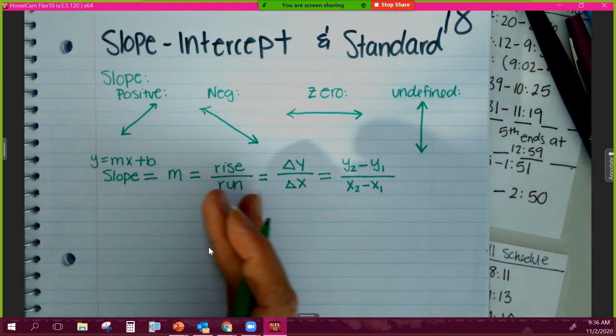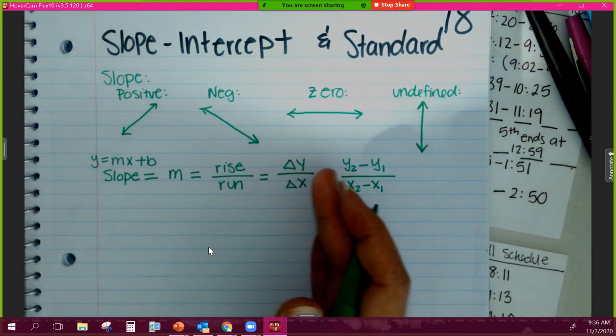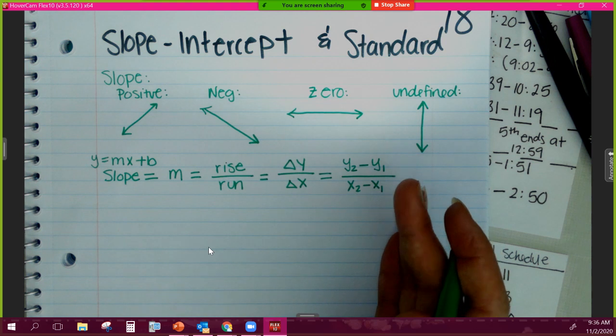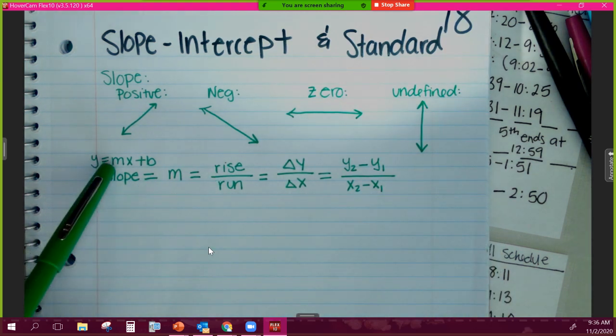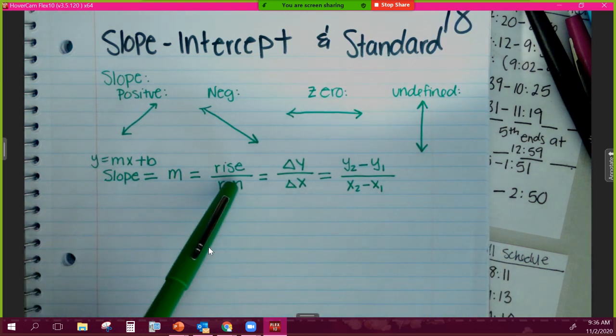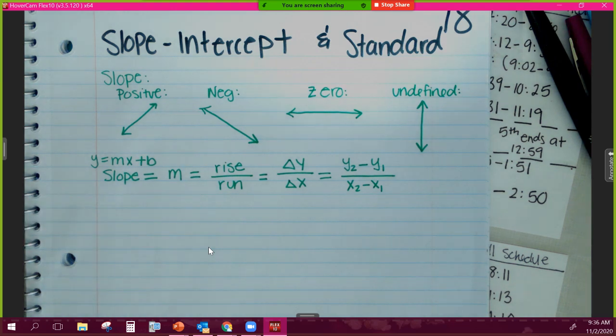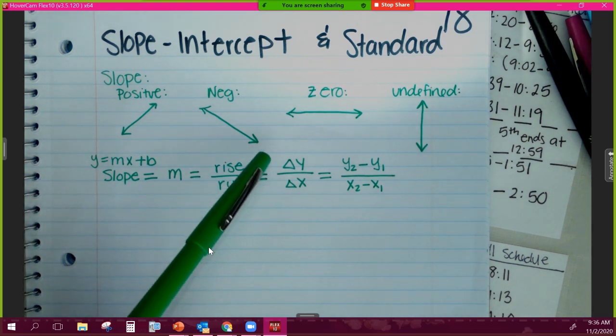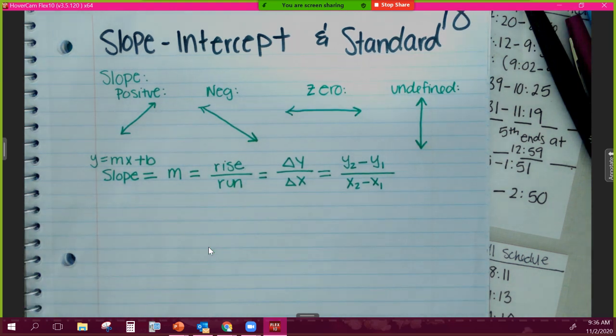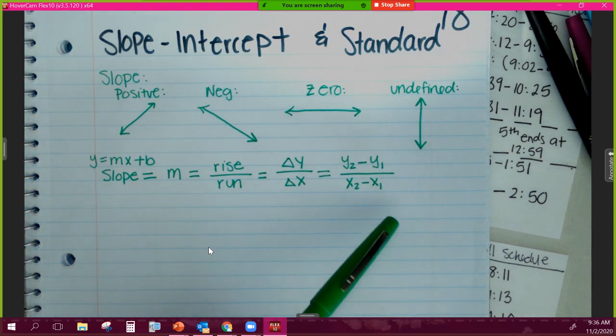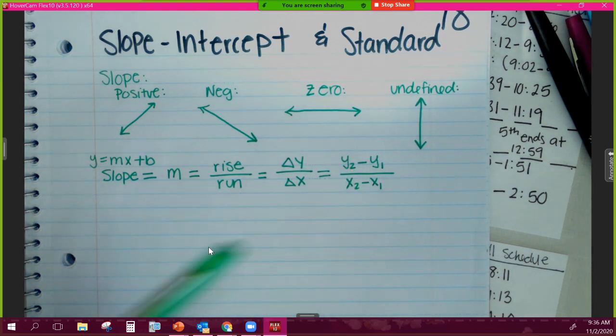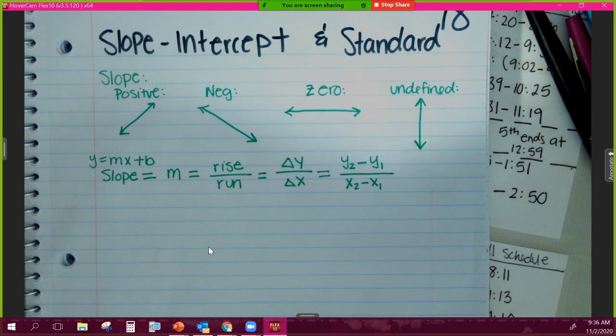So these are multiple methods, multiple ways to find your slope. Okay, so it's the m in this equation, or it's rise over run on a graph, or it's your change in y over change in x in a table. And when we talk about change, that refers to subtraction.